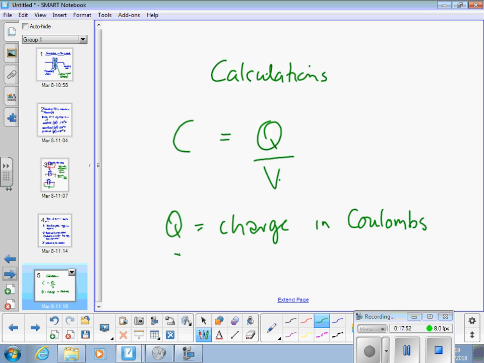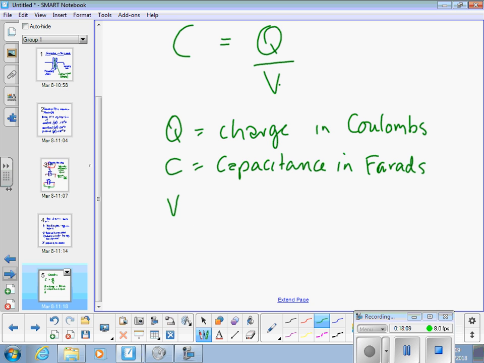C is the capacitance, in farads. V is the voltage, in volts.